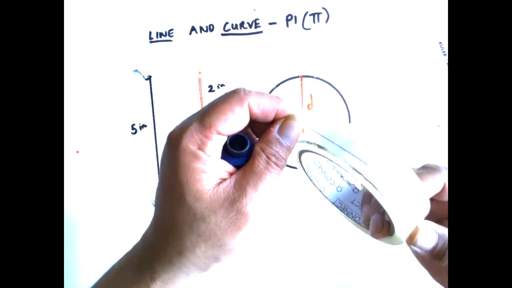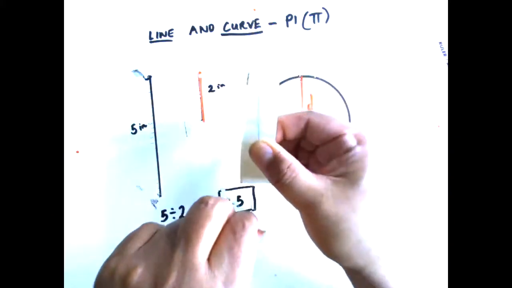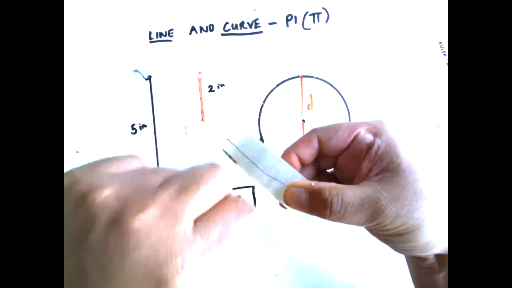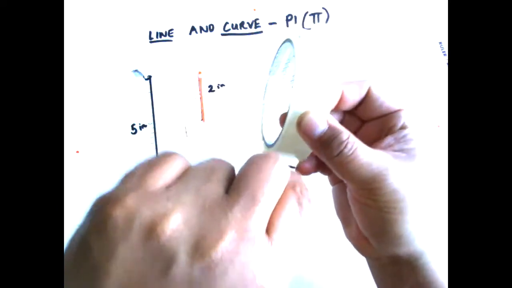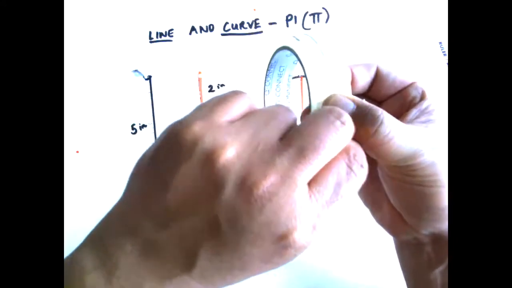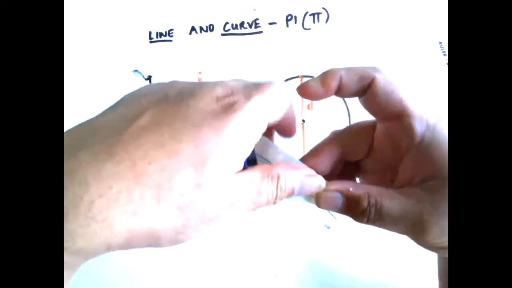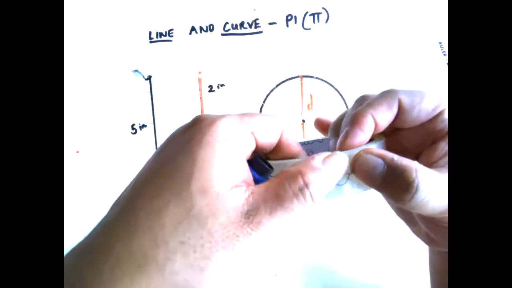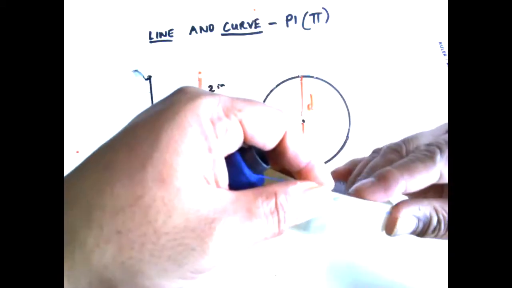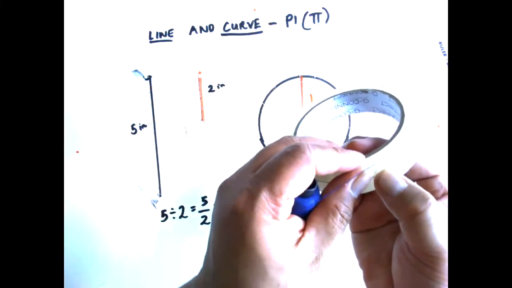I hope you can see that string. It's not easy. So we put a string. It's not going to be really accurate, but it will do for now. It will serve our purpose.